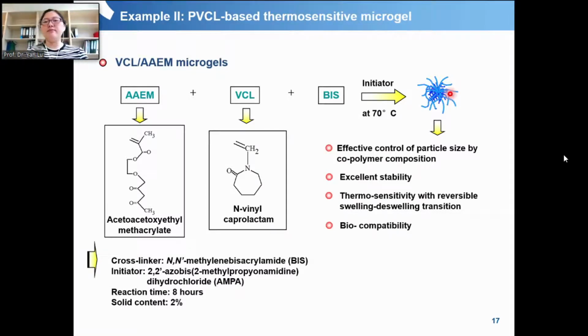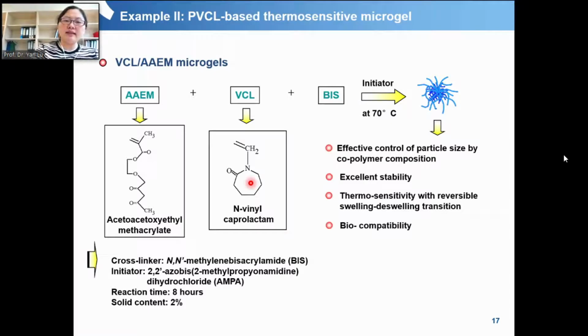As I showed you already in our last lecture, you can well control the particle size of this microgel, and they show very good colloidal stability due to the polyvinyl caprolactam. They also have the temperature sensitive swelling and deswelling transition behavior.